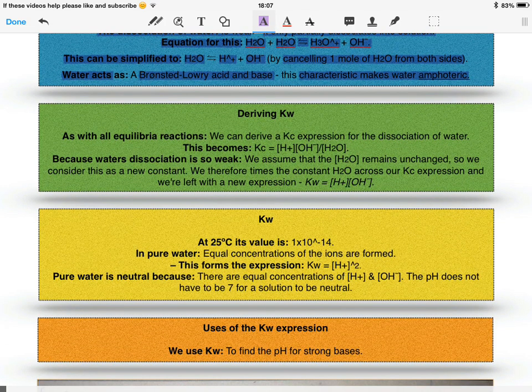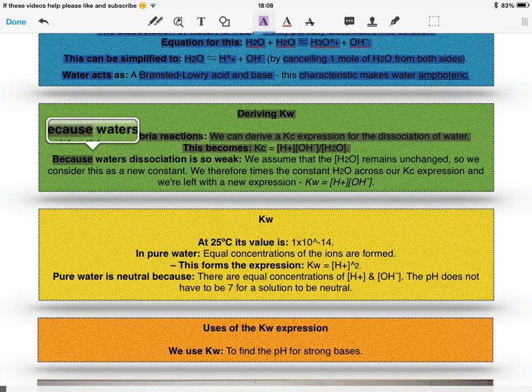So, deriving Kw. As with all equilibrium reactions, we can derive a Kc expression for the dissociation of water. This becomes Kc equals [H+] times [OH-], all divided by [H2O], because products over reactants, don't forget.